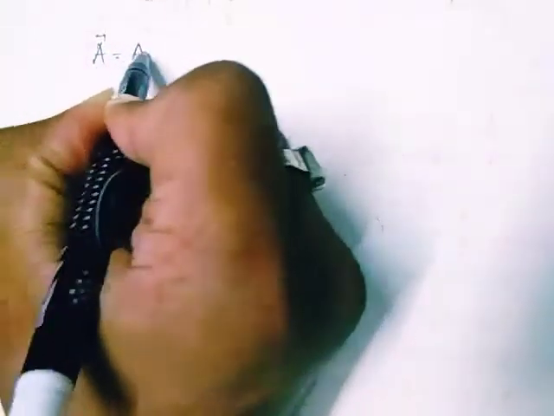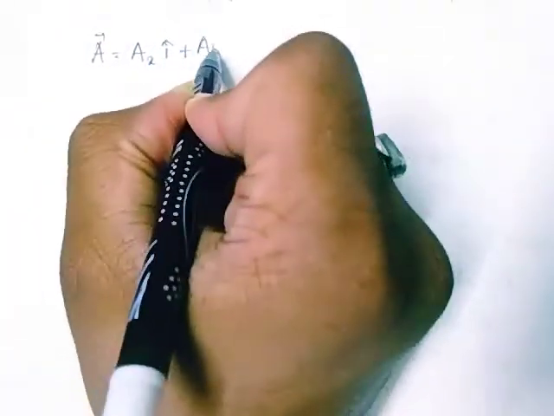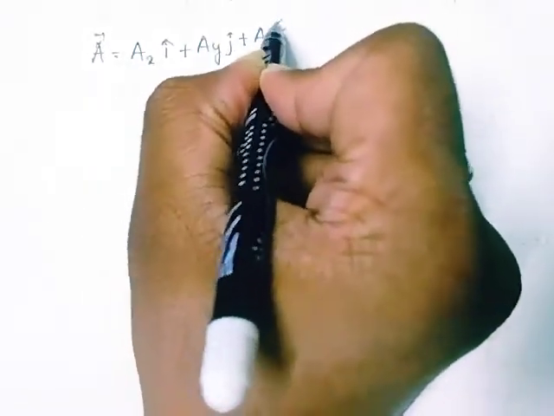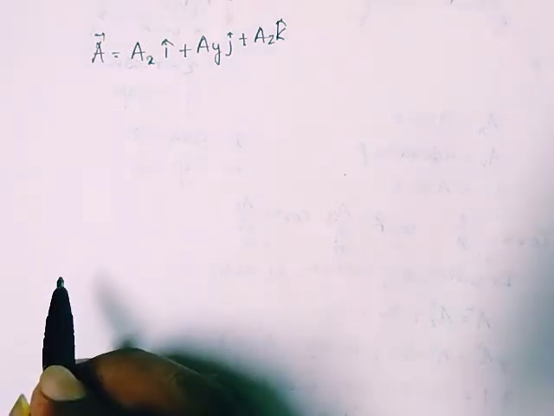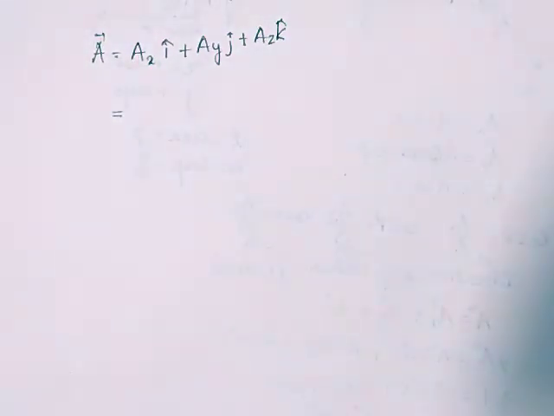If the a vector denotes ax i cap plus ay j cap plus az k cap, then what is basically ax? Just think, cos alpha equals ax by a.